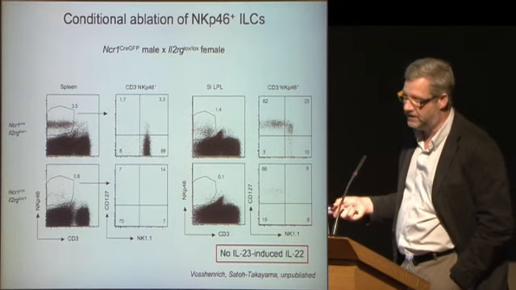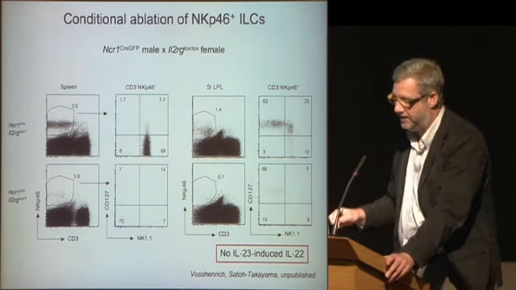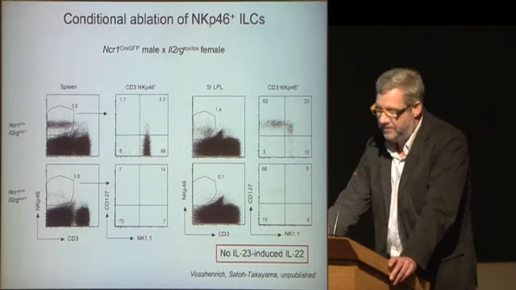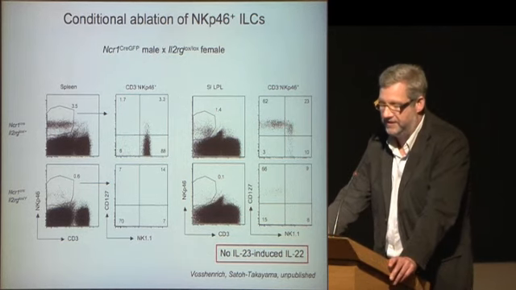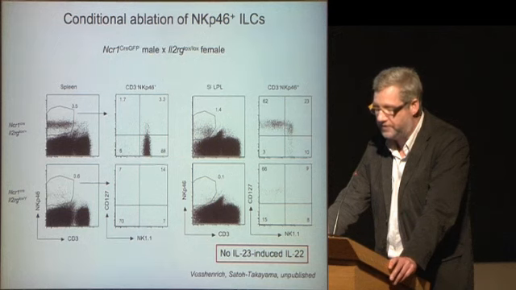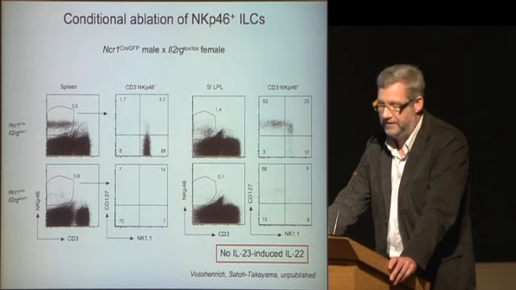And when we look for IL-22 induced expression in these NKp46 positive cells, we find that it's missing. So we think we have a model now where we can start to take apart these different subsets and try to identify roles for these different innate lymphoid subsets in the biology of infection.